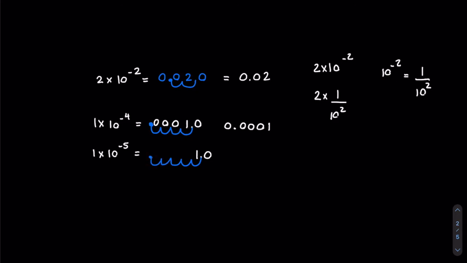Our new decimal place is right here. And 1, 2, 3, and 4. So as you see, now we have 4 zeros after the decimal place. As you can see, all it does is move by 1 decimal place, depending on how many 10s you have. So let's keep going.